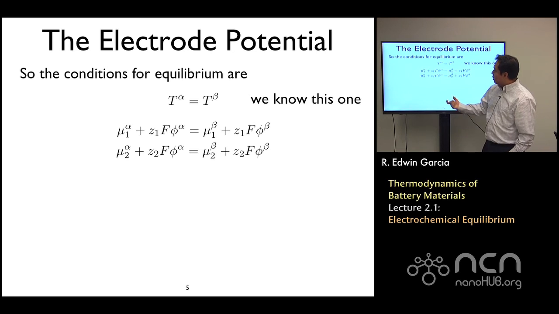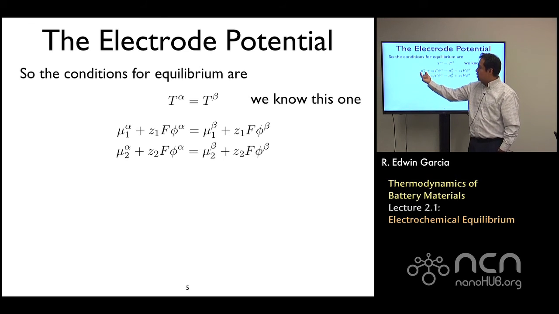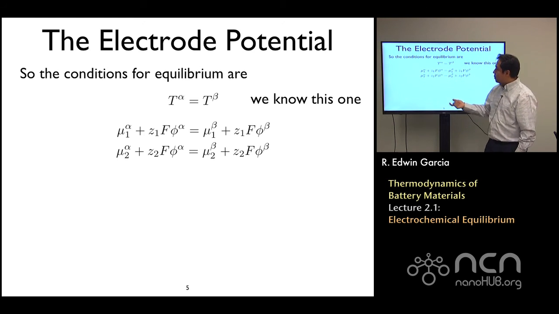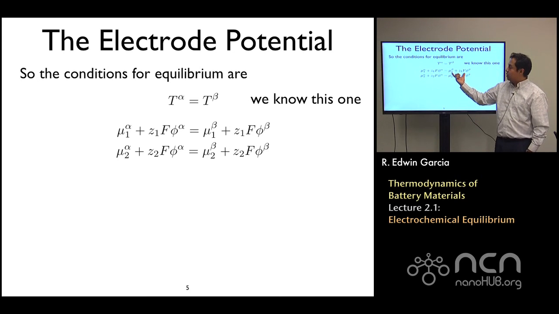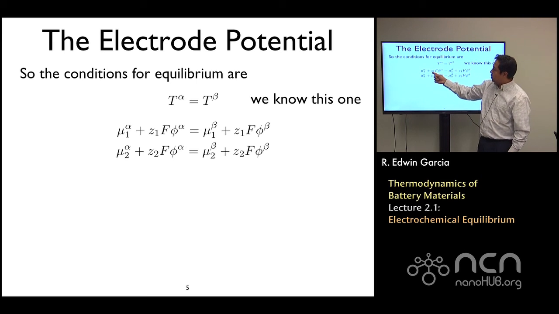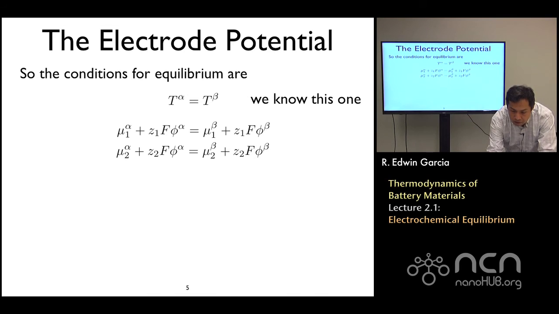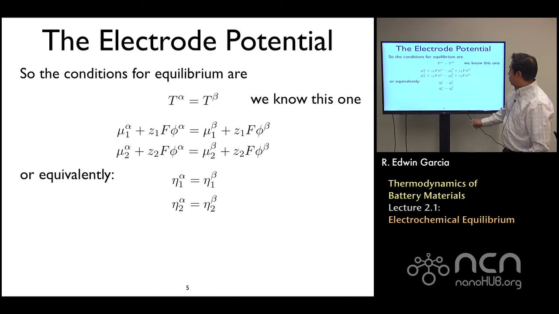But for an electrochemical system, we're not saying that the chemical potentials are the same. What we're saying is that equilibrium will be obtained when the chemical potential of one phase plus some voltage shift balances out the chemical potential of the other phase through another voltage shift. Okay, and that quantity, mu1 plus z f times phi, is what people define as another quantity.